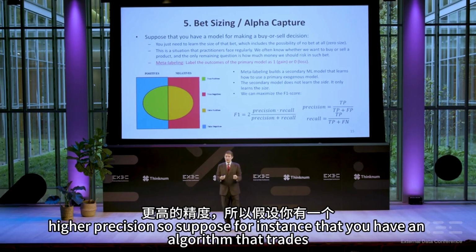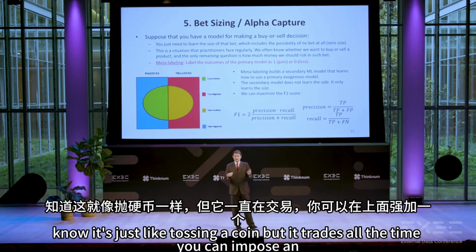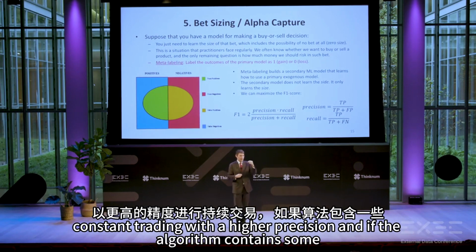So suppose, for instance, that you have an algorithm that trades every minute. It trades all the time with a precision of essentially 50%. You know, it's just like tossing a coin, but it trades all the time. You can impose an algorithm on top and exchange some of this recall, some of this constant trading, for a higher precision.